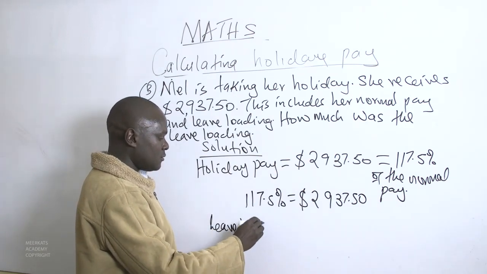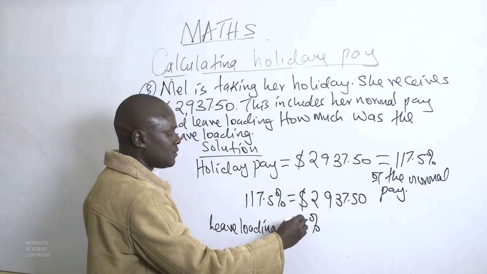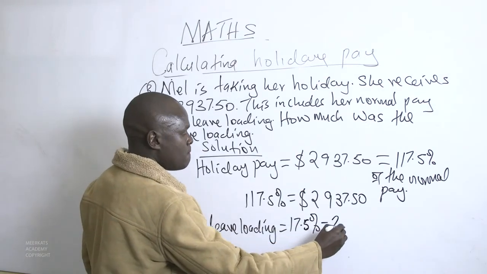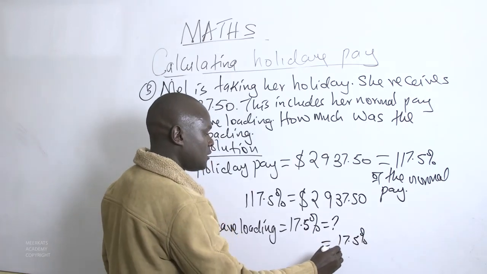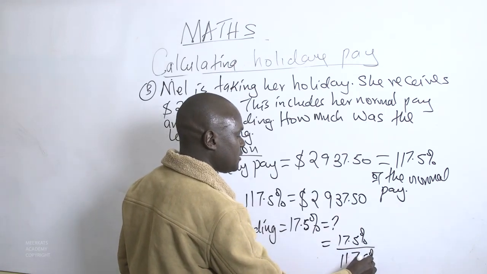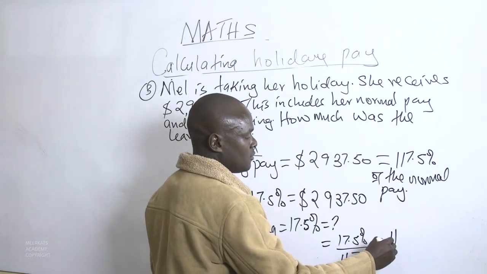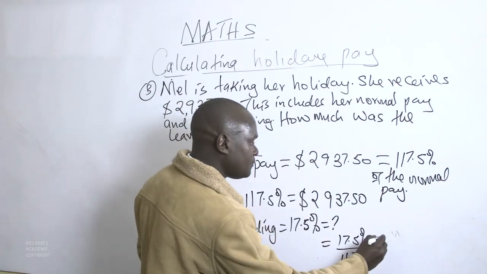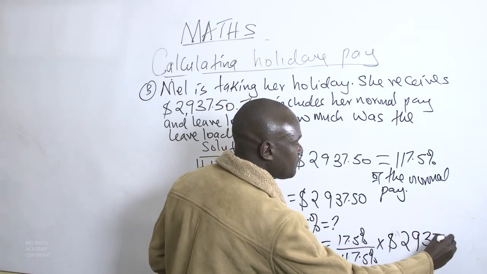which is equal to 17.5%, will be equal to which amount? This will be equal to 17.5% out of the 117.5% multiplied by the holiday pay, which I'll write here, which is $2,937.50.